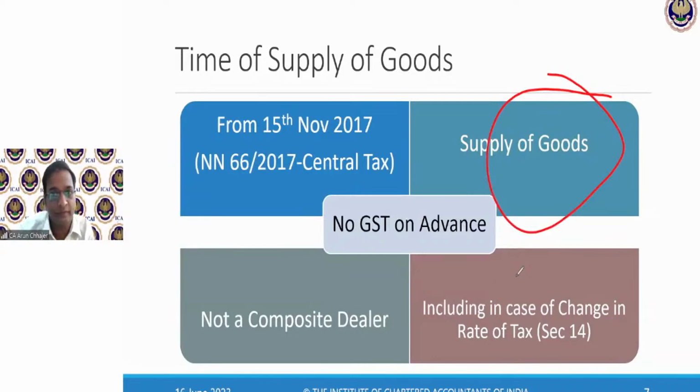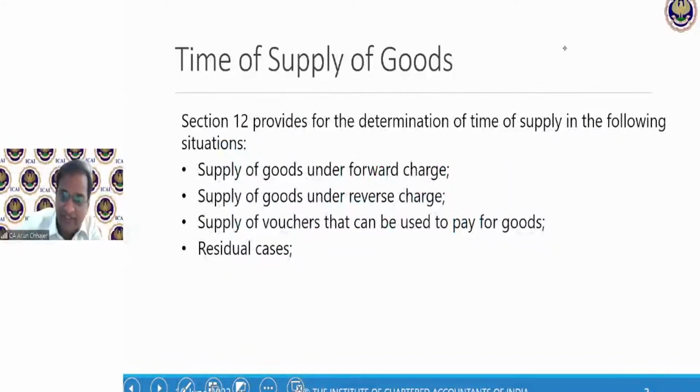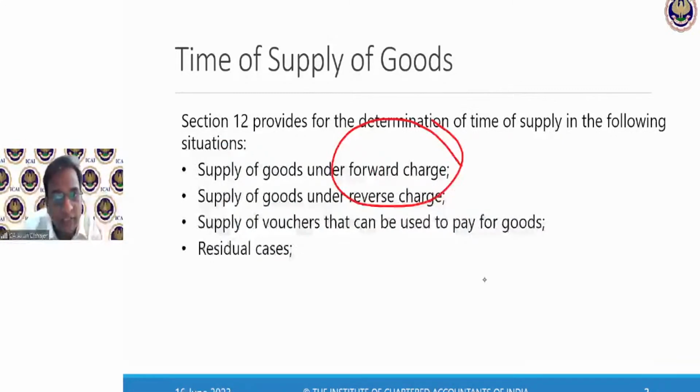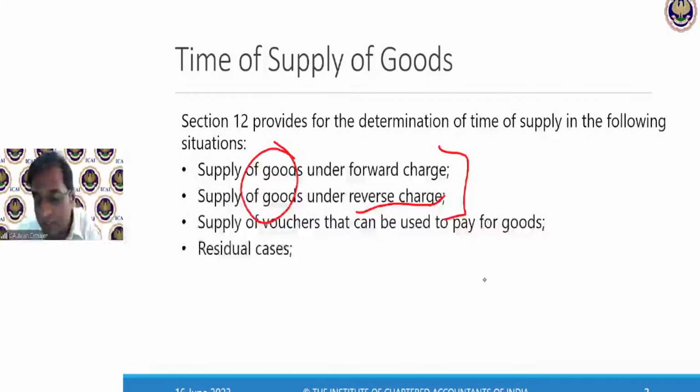Second point. Let me go back. At the initial stage, we discussed that in this section we are going to cover the time of supply for the forward charge and time of supply for the reverse charge. So the question came whether advance GST is being relaxed for the supply of goods under both cases, forward charge or reverse charge.